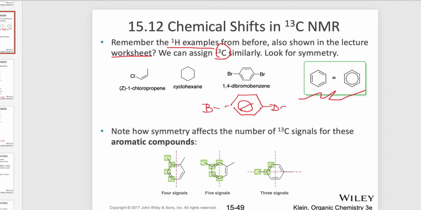We need to understand here that basically we have two axes of symmetry. One is going to go like this, and another one is going to go like this. So we now know that these two carbons are equivalent, and then we can find other carbons that are equivalent. That reduces the numbers. And I highly recommend that you work your way through the other examples that are shown here.